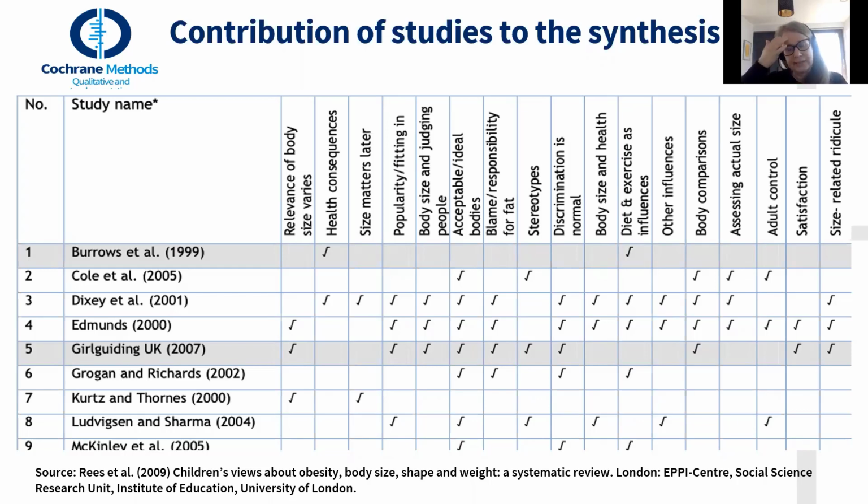What all these little ticks highlight is that the synthesis didn't just rely on one or two studies. A number of studies are contributing to each of the themes there. So I would suggest if one or two studies were removed, it wouldn't significantly change the findings of the review. Next slide, please.